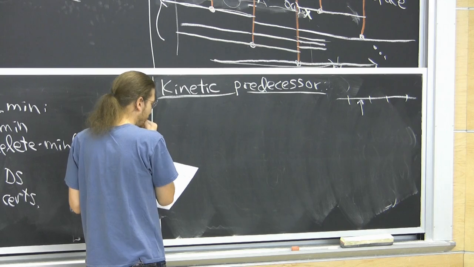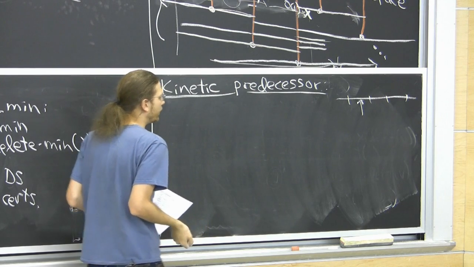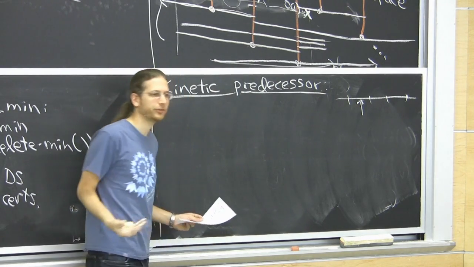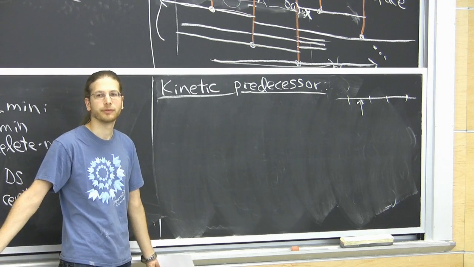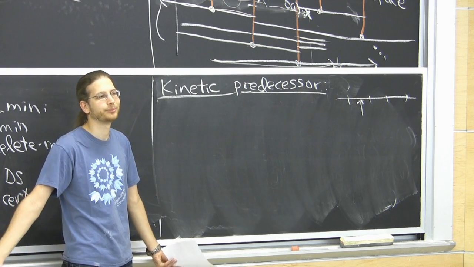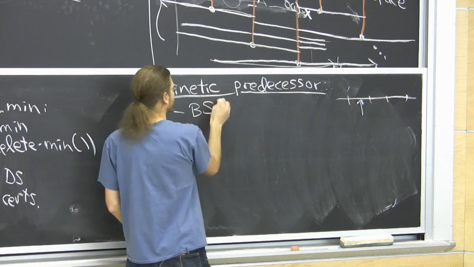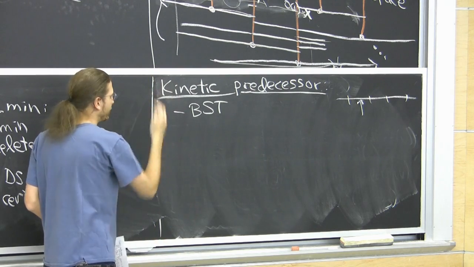How do we maintain this? This is a problem we'll be studying a lot in this class, but the basic structure for solving insert, delete, predecessor is a balanced binary search tree. So let's use AVL trees, whatever.